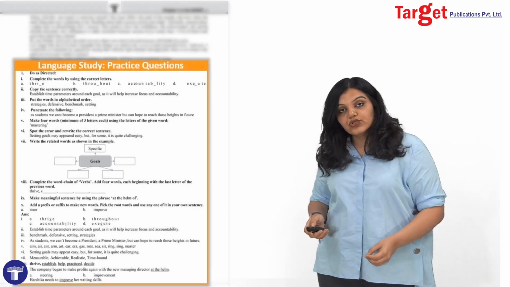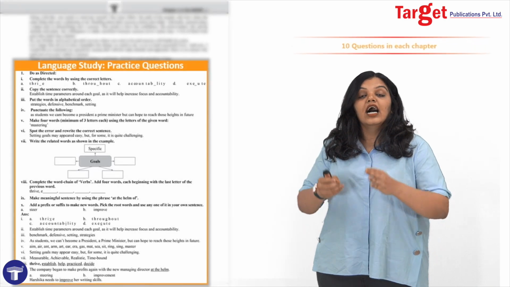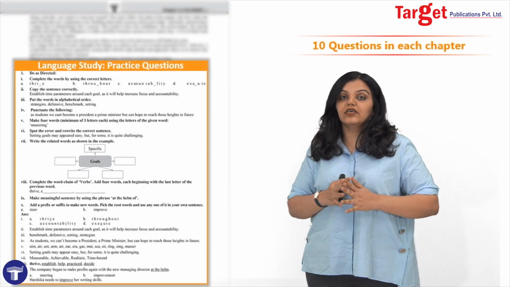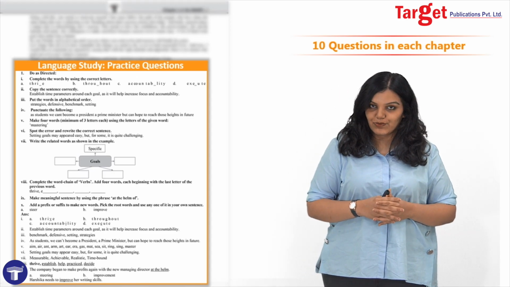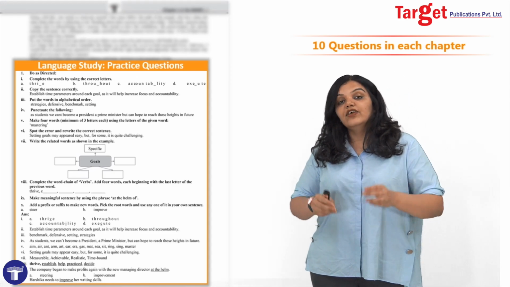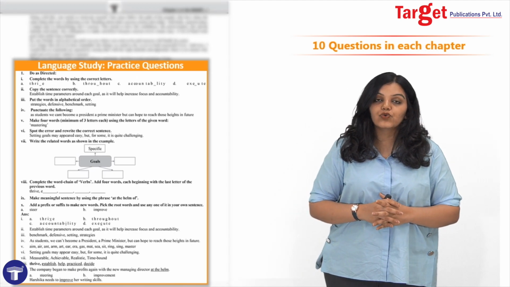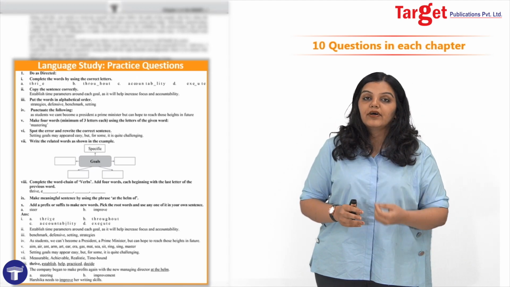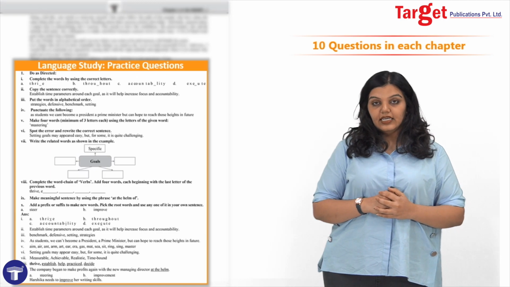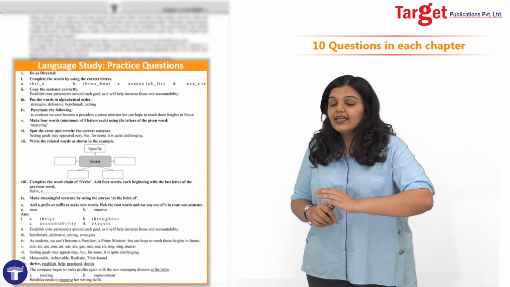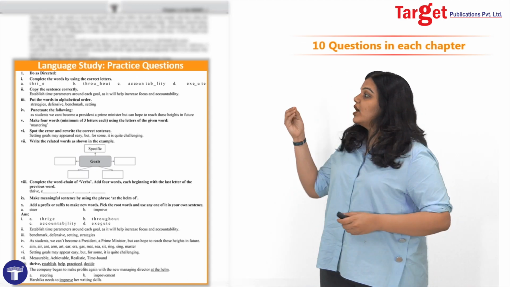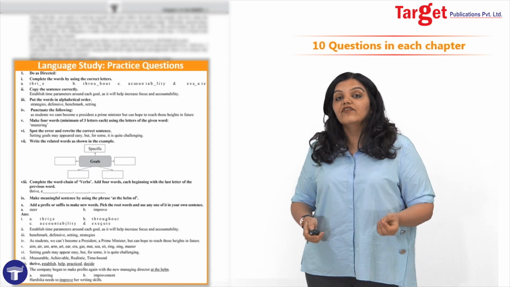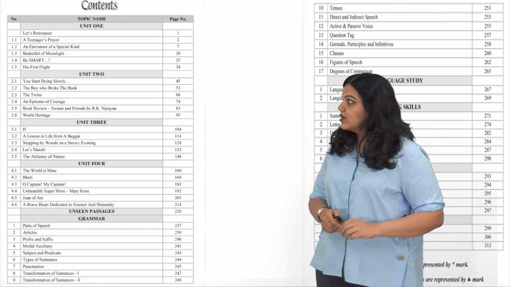Besides this, you also have the language studies section under every single chapter in your My English course book. Finally, we know that for Marathi medium students, the English language paper can be a little bit tricky. And therefore, not only have we given you questions in Do As Directed, we have also given you a revision of the grammar concepts.